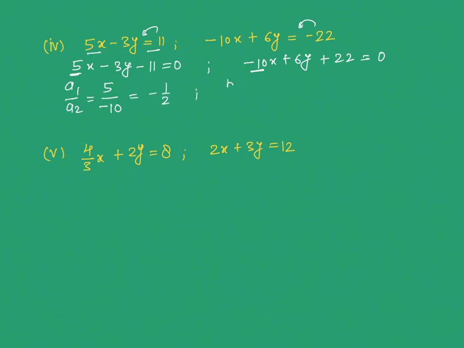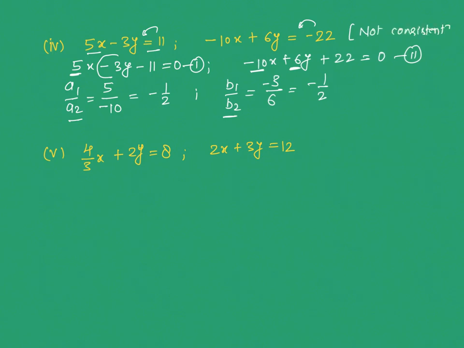And if we say B1 upon B2, so B1 is this minus 3 and B2 is 6. Mean this is the first equation and this is the second equation. So when you say B2, it will be 6. So this will become minus 1 upon 2. So now you can see A1 by A2 is equal to B1 upon B2. That means these two equations are not consistent.